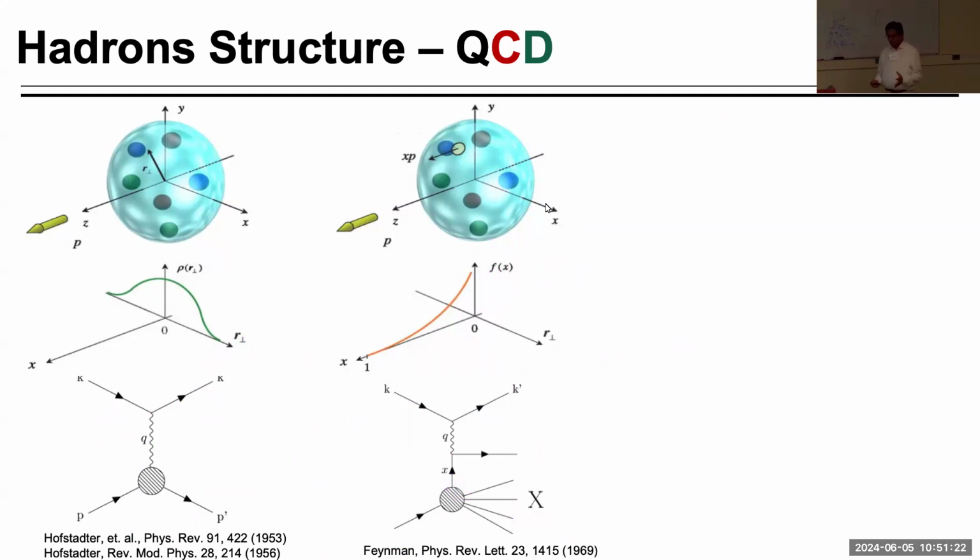One is the large time scale, which gets separated from the low time scale, and therefore you can treat the partons as point particles with elastic scattering, and then we have the non-perturbative effects and the parton distribution functions. Those were studied in 1969.